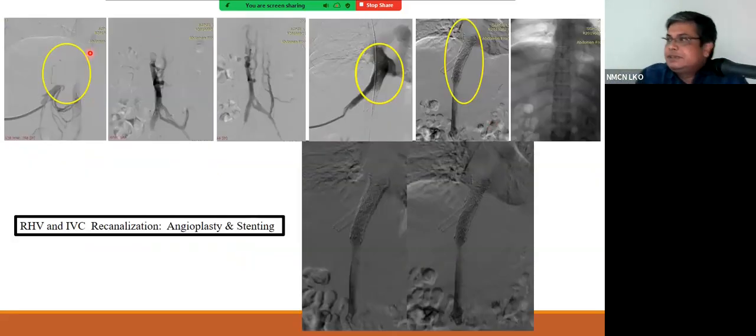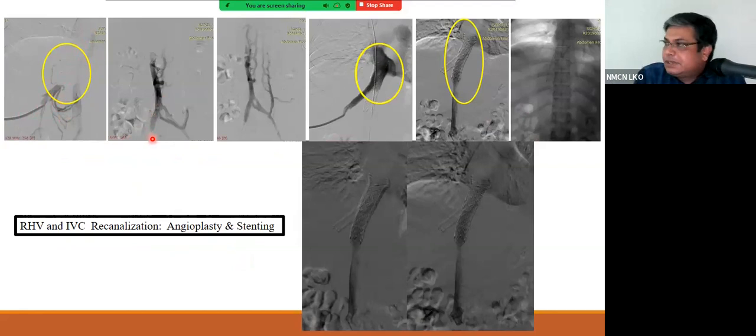So first we attempted a transjugular approach for hepatic vein recanalization in this one, but the hepatic vein could not be cannulated. So we took a transhepatic access under ultrasound guidance, and then after accessing this right hepatic vein, a venogram was taken. In this venogram, we can say there is a central segment of stenosis or occlusion of this RHV with drainage via collaterals.